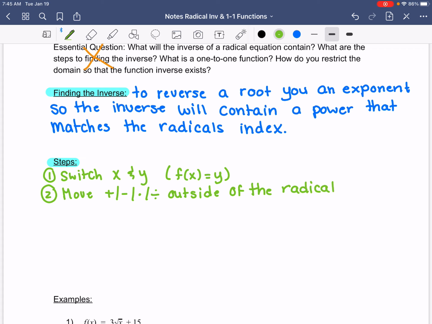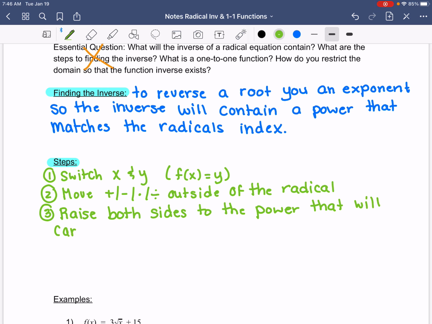Then you're going to raise both sides to a power that will cancel the radical. Once the radical's gone, you should be able to just solve for y.